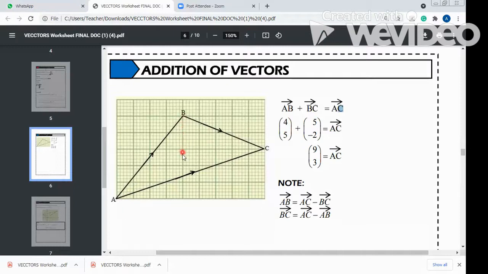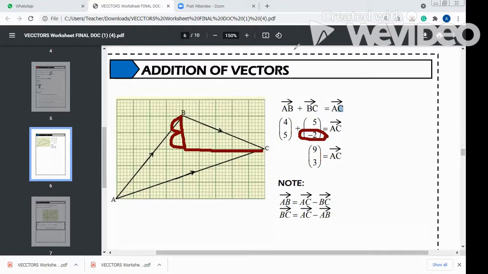So we're over here now, B to C. Let me change this to a marker. So vector B to C, if you draw a triangle like this, how many units going down? 1, 2.